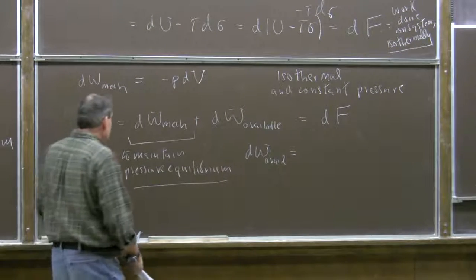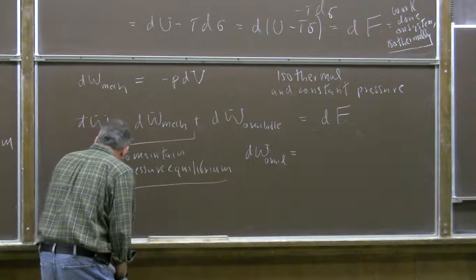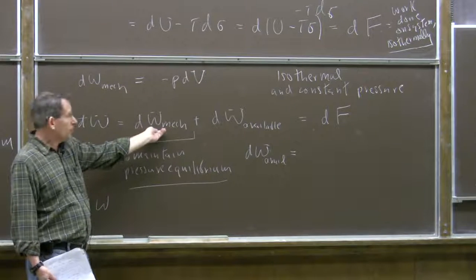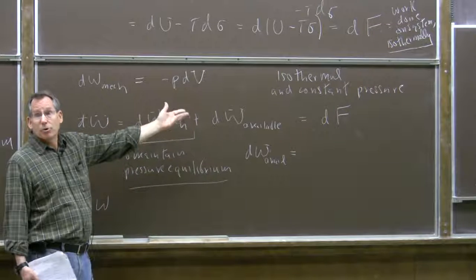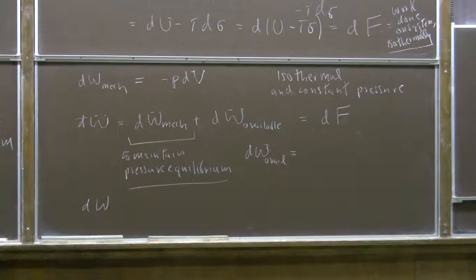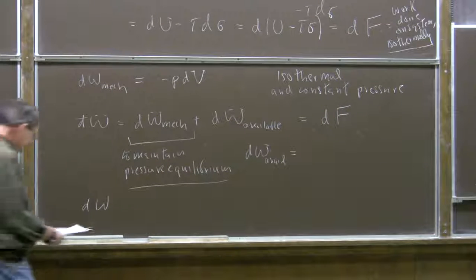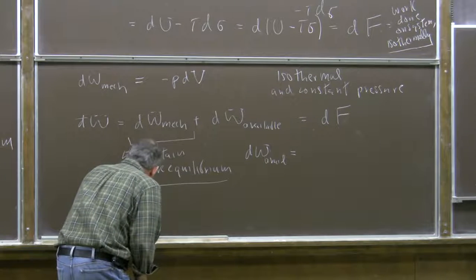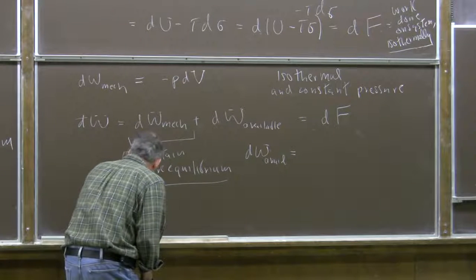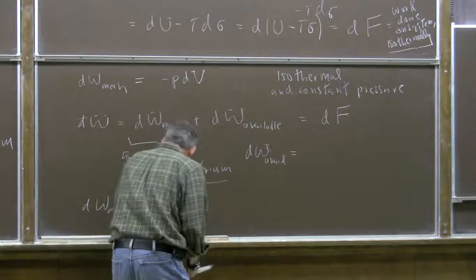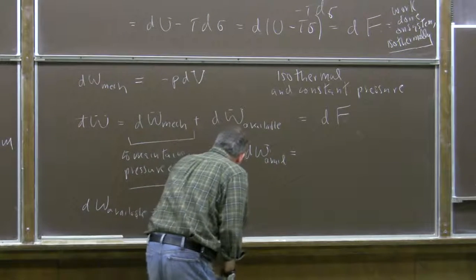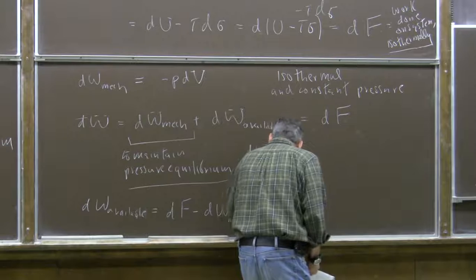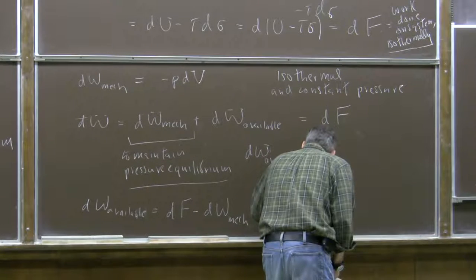So in other words, the change in free energy has two parts. One part is the mechanical work that we've got to do to maintain pressure equilibrium, and the rest is a change which we might be able to exploit later on to extract work from the system. That's what I'm calling dW available. And so I can write dW available as the change in the Helmholtz free energy minus the mechanical work done on the system, and that's dF plus P dV.